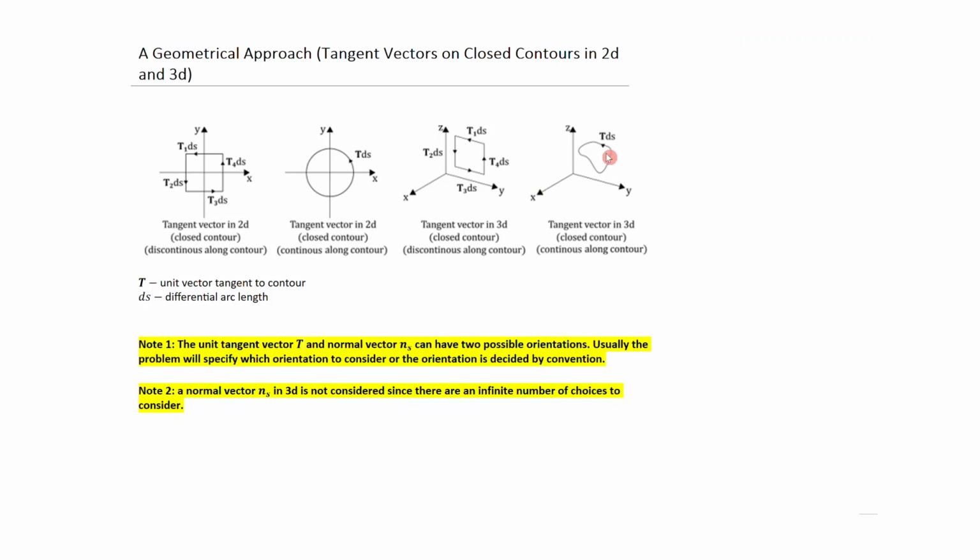So for example, if we were to choose a normal vector to this contour here, then there are all possible orientations, one going upwards, one going down, one to the side, an infinite number of possibilities. And of course, math doesn't like that type of scenario, and so it has no physical meaning. We can say a normal exists, but unfortunately there are just too many choices to be made.